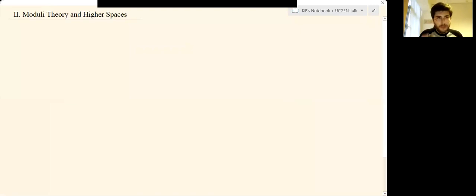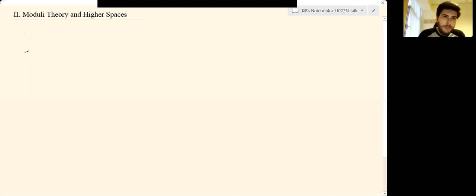The key point is the following. Remember, in part one we used the word moduli many times. This is the reason the moduli theory and the corresponding moduli spaces are the important part. Now let's see, what is the idea here? What is a moduli problem?